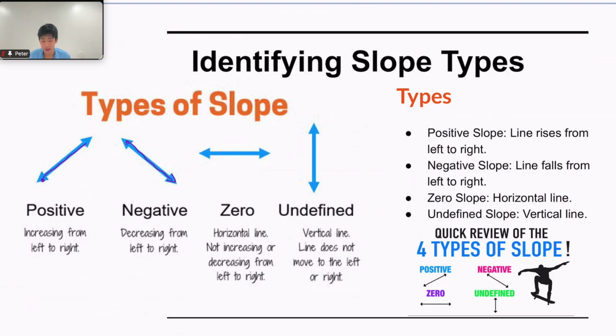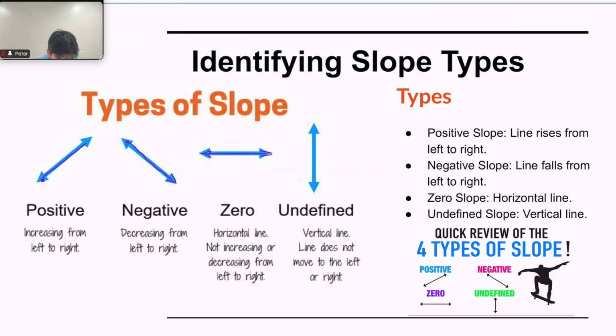So the left point is higher than the right point, and in positive, the left point is lower than the right point. Zero slope is a horizontal line. So this will be a horizontal line and will be zero, no increasing or decreasing from left to right.